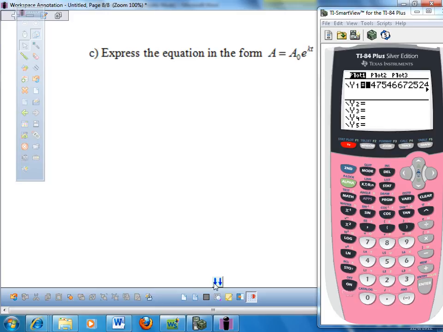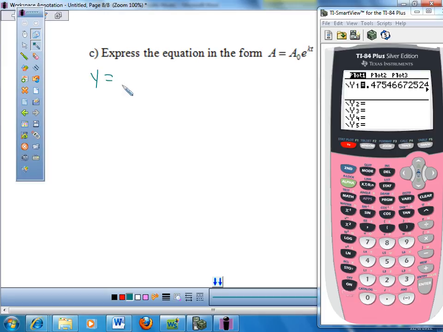Your equation is approximately y equals 0.4754. This is what I got from the calculator. And did you get something like this, 1.358 raised to the x power?